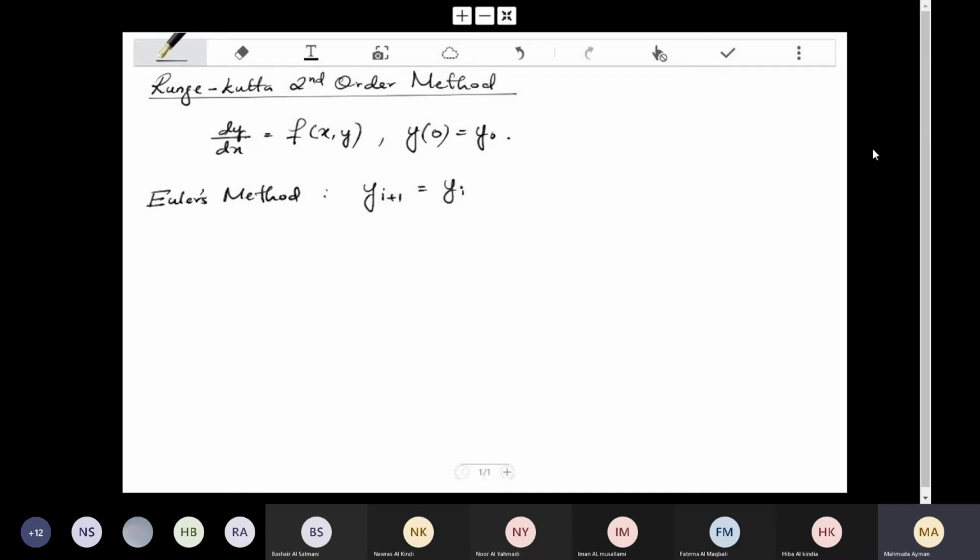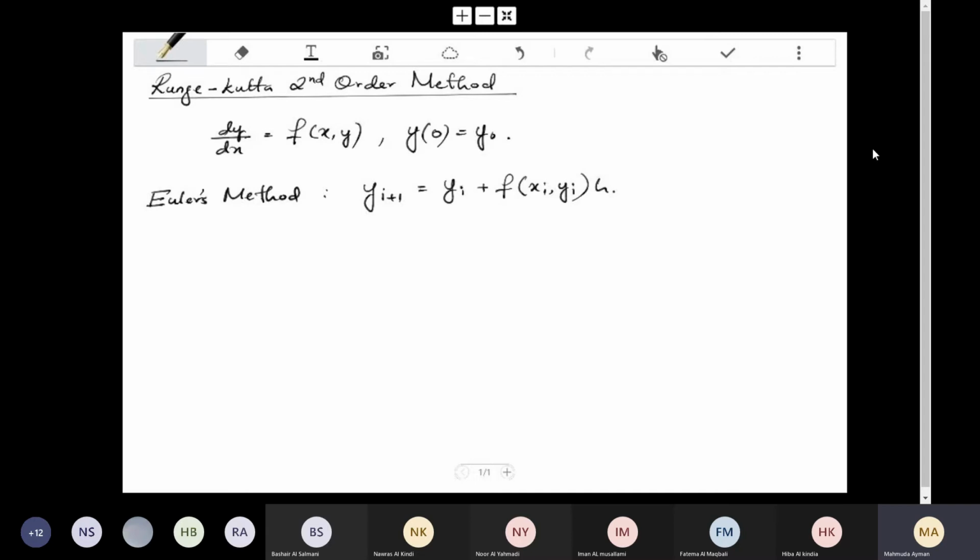So we have y i plus 1 is equal to y i plus the function at x i comma y i times h. But Euler's method is not very accurate, and to find a better, more accurate method, we need to do something different.